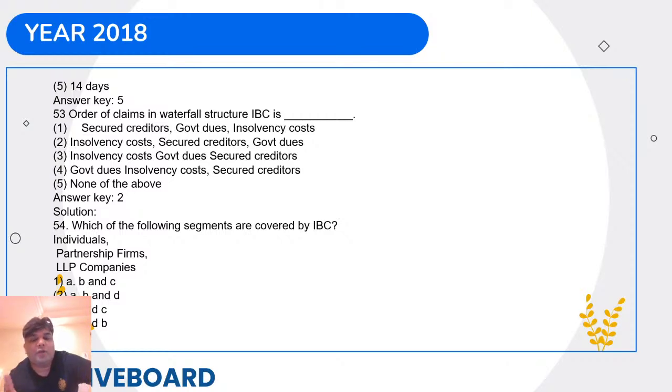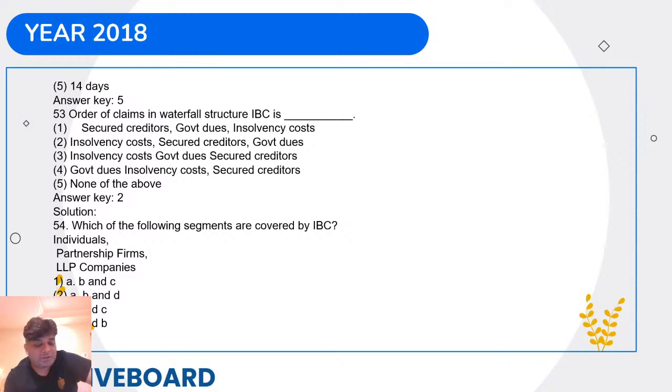When you talk about the waterfall structure, it is the order of priority that is given while the claims are being settled after the IBC resolution. Correct? So this they are asking about the priority when they are talking about the waterfall structure. So the answer is 2. First of all, insolvency costs, whatever insolvency costs which are incurred, first of all those have to be paid, because obviously the insolvency professionals must have worked day in and day out to work out a solution.